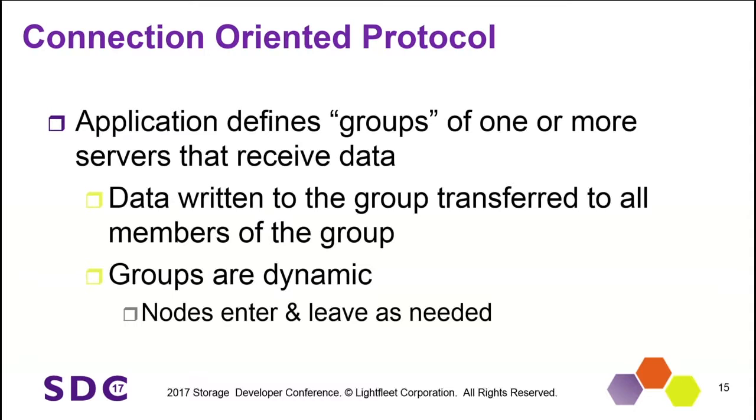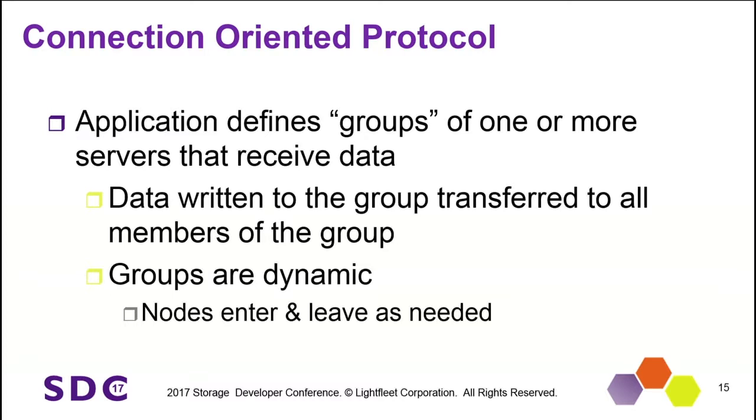I want to talk a little bit about this connection-oriented protocol. In essence, what we're doing is we're proposing a change to the programming paradigm for a typical network type application, where what we do is we define resources on the network as a group.